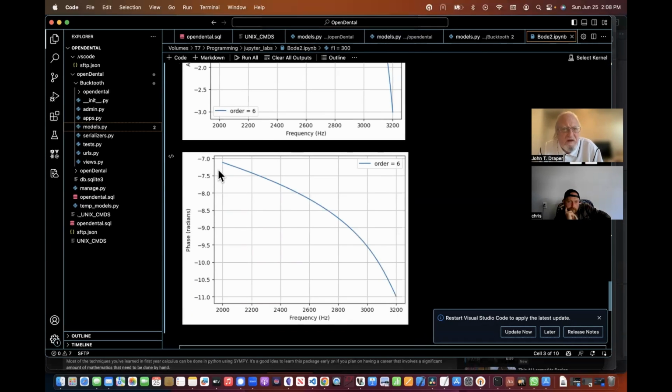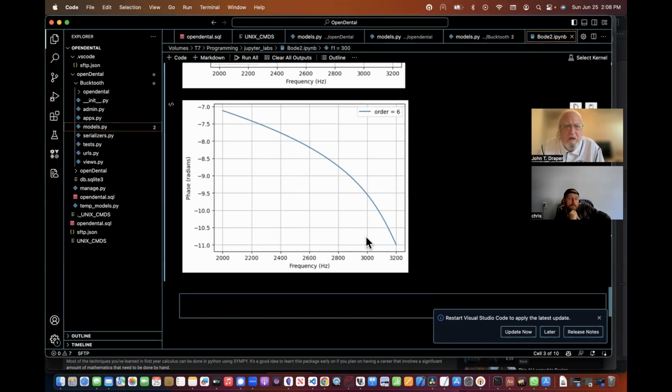You can notice the phase is a good, nice, smooth phase curve. You want to have a phase curve that doesn't have any jagged jerks like that, because when you have jerky phase shift responses, your circuits are going to work unpredictably.